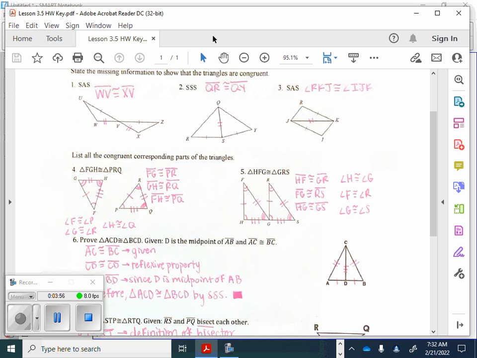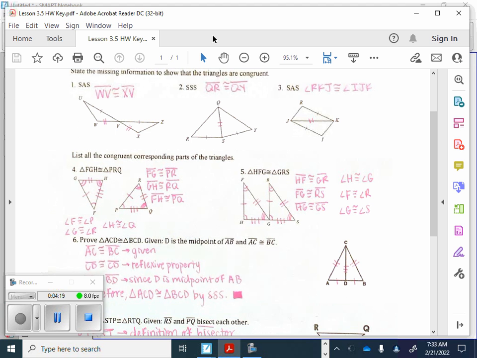Yes, Mila. I got the same answer, but I have them like I did before. Like I got it as VX equals VW. Does that matter? Okay.